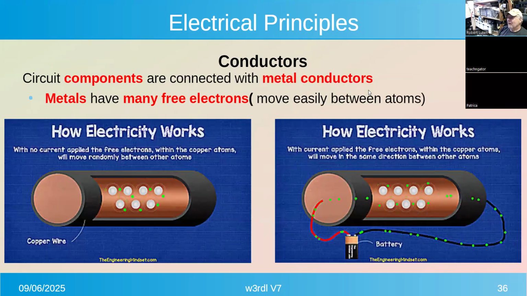Okay, so now we'll talk about conductors a little more. The main thing to remember is that metals have many free electrons, even at room temperature. On the left, you've got electrons floating around, not going anywhere in particular. On the right, when we apply a voltage or a force, it causes those electrons to move in one direction.